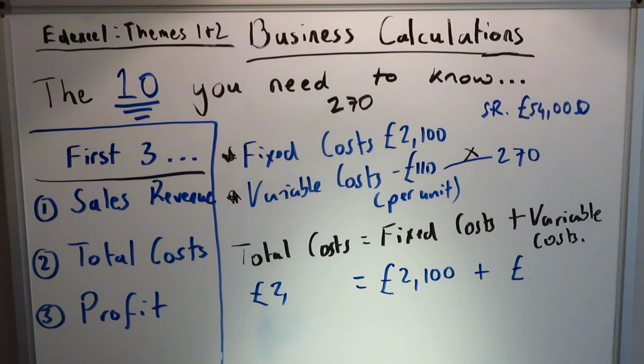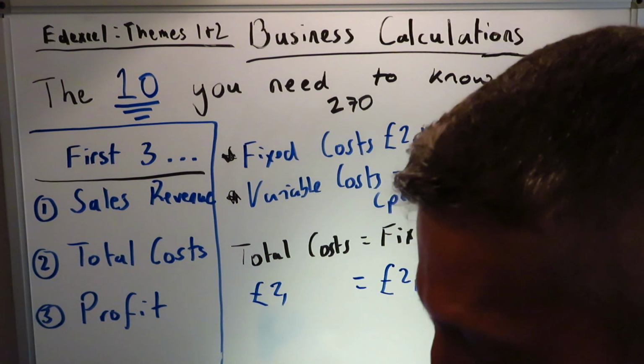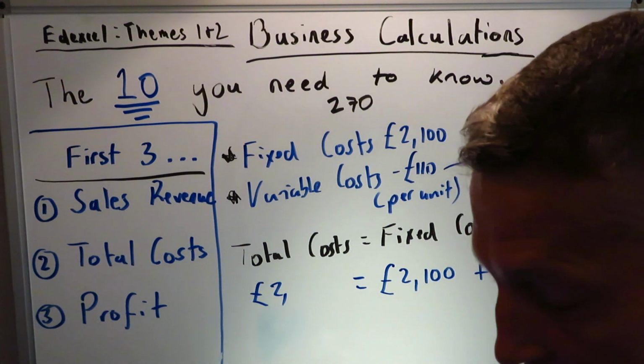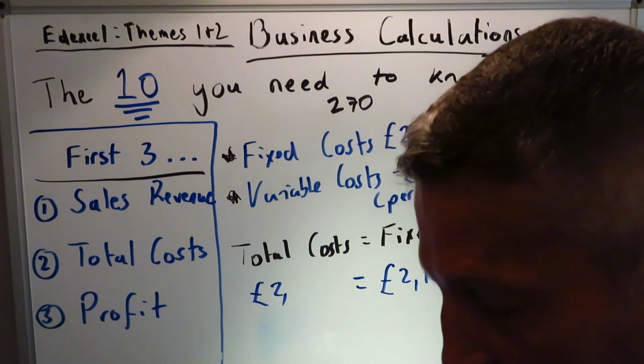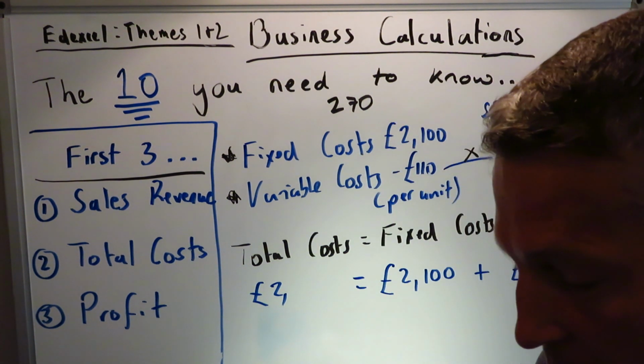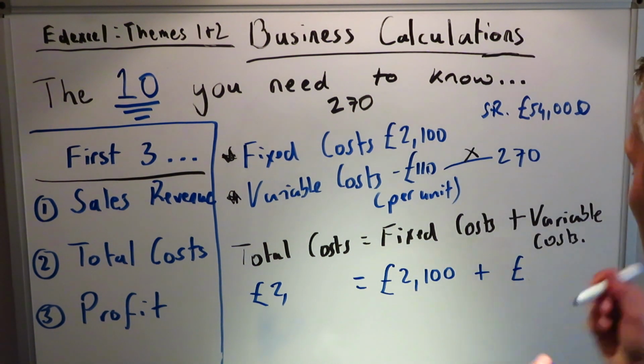So we're going to take 110, and I'm just going to get my calculator out because I'm allowed to do that in my exam, because you're allowed to have calculators. So 110 times 270 is 29,700.